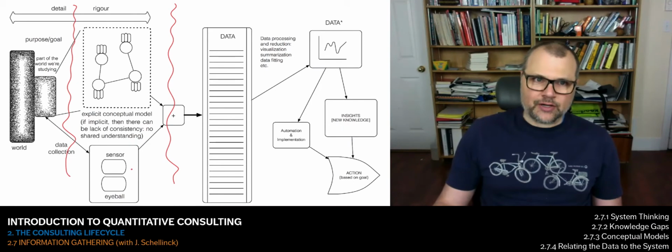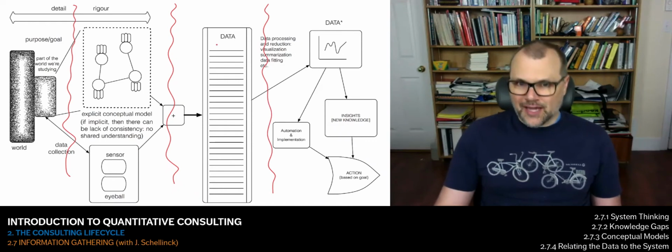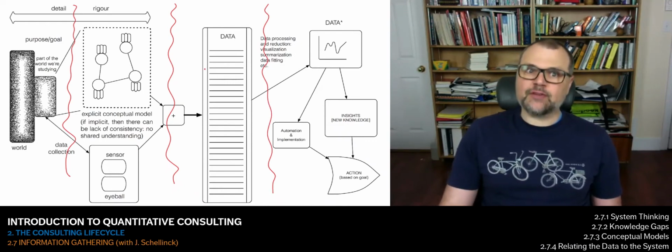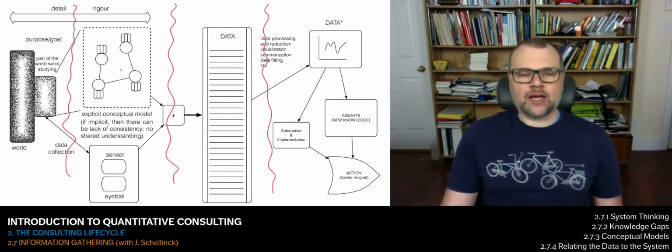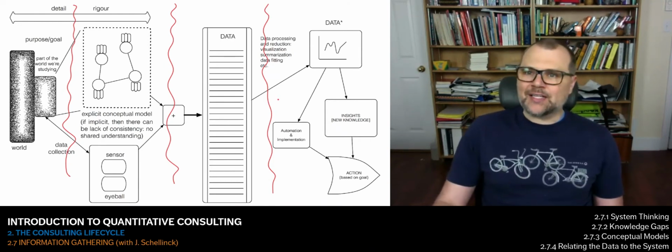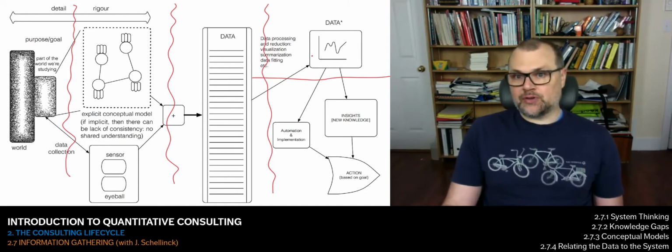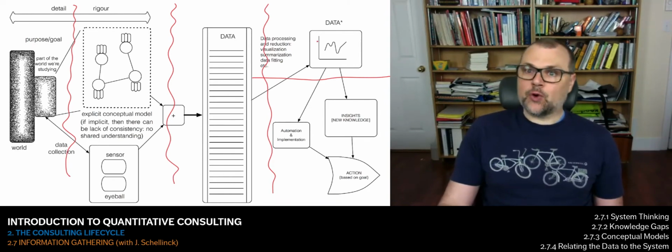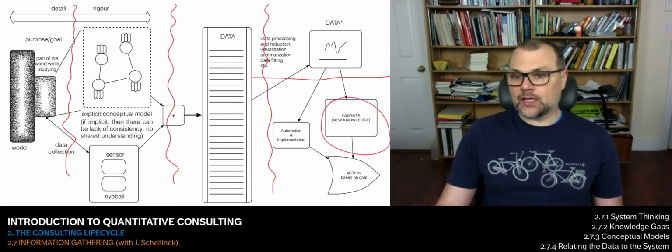And this layer here, the conceptual layer, is actually quite different from the data layer. The data layer is a representation of the conceptual layer. Again, by necessity, you will have lost some information. It is not the full picture. Going from the raw data to the reduced data, you again lose some information. And going from the reduced data to the insights, you will again lose some information.